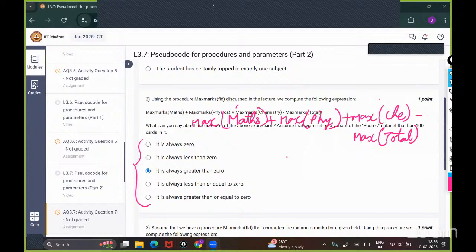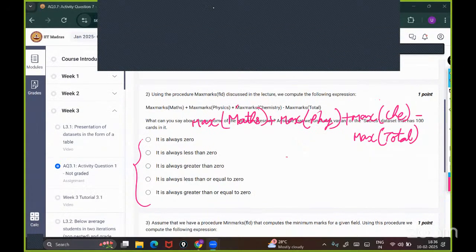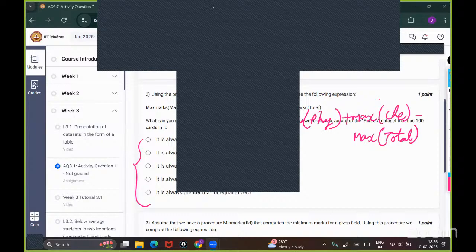Okay. Others, what are the other options mentioned? It is always 0, it is less than 0, and so on. So how can the possibility be less than 0? No, ma'am, because marks can't be negative. No, it's not like that. Because here the person has scored greater, and it did not say how many subjects.